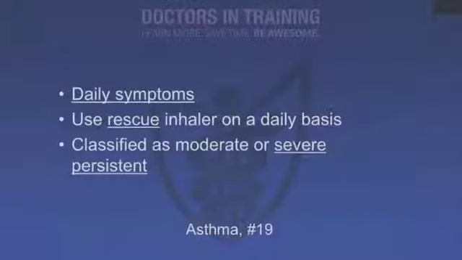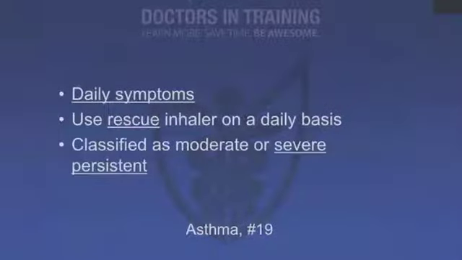So going back to the asthma classification table, I want you to think about who would need a daily long-acting beta-2 agonist. If they're having daily symptoms of asthma where they're needing to use their rescue inhaler on a daily basis, those are the patients that you want to add in a long-acting beta-2 agonist.